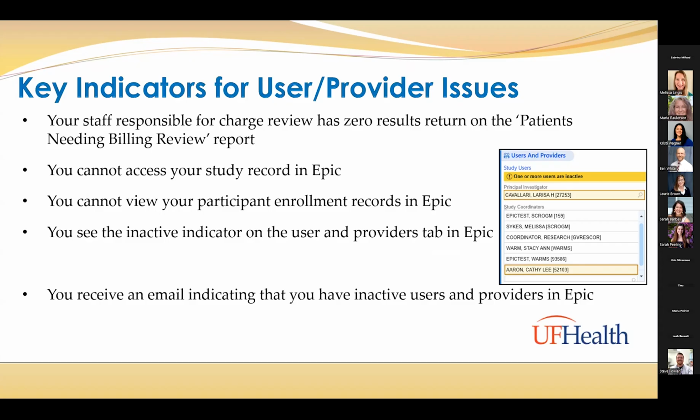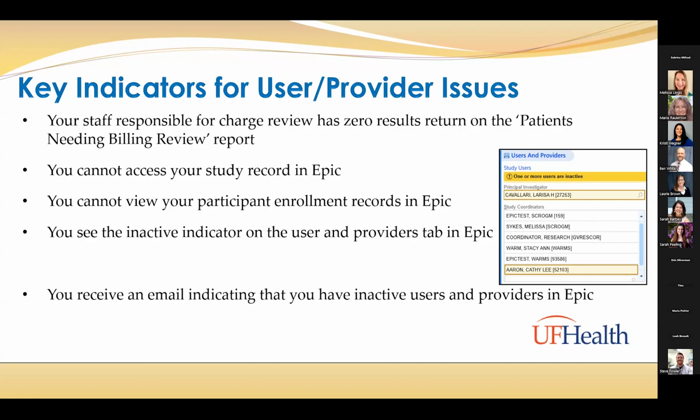If you're trying to open your study record in Epic and you can't, you're probably not listed as a user on your study record. If you can't see your participants' enrollment record, you might not be listed as a user. Also, if you access in Epic the users and providers tab and you see my little screenshot over there, those folks in red, they're inactive, and it tells you one or more users are inactive.